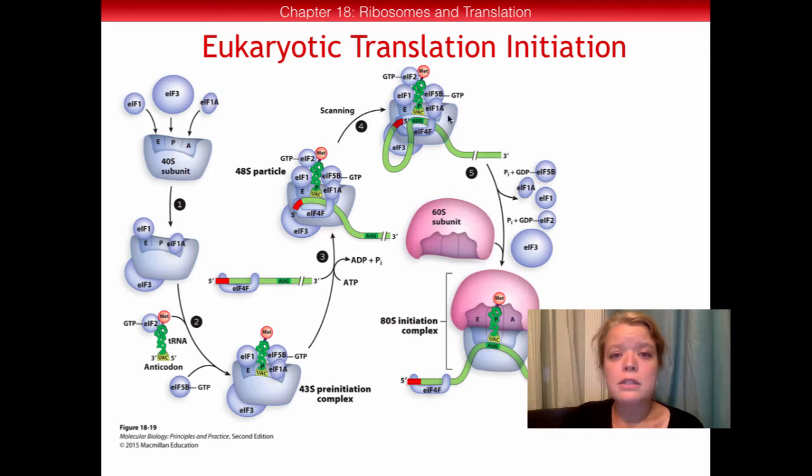So once the tRNA that was methionine has properly base paired with the starting AUG codon, a big event occurs. Because this whole assembly is stuck here, the GTP on eIF2 and GTP on eIF5B are hydrolyzed.